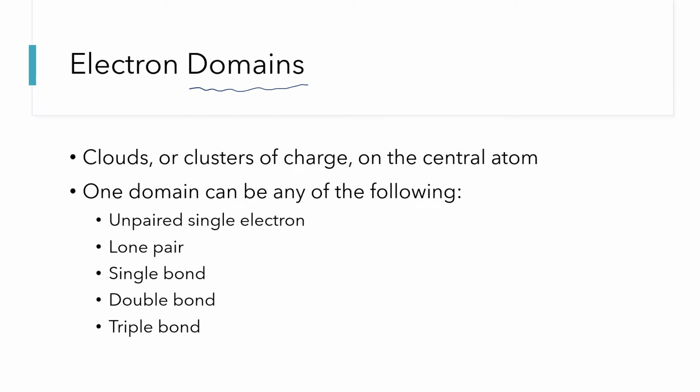It could be a lone pair. It could be a bonding pair that's in a single bond, or it could be a double bond, or a triple bond. Any of those things counts as one domain. So a triple bond counts as one domain, just as a single bond counts as one domain, and just as a single electron counts as one domain.